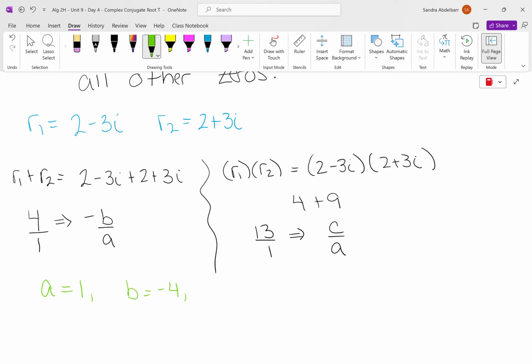So now let's write it all out. My a is 1, my b is negative 4, my c is 13. Am I going too fast or are we good? I'll let you all catch up.